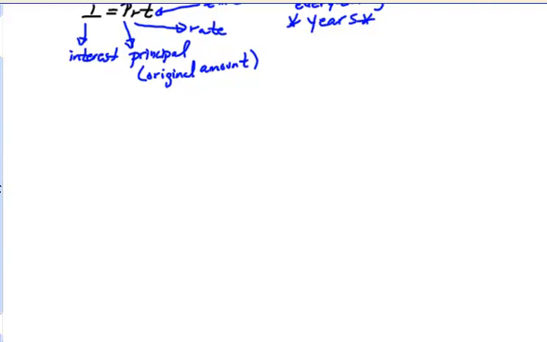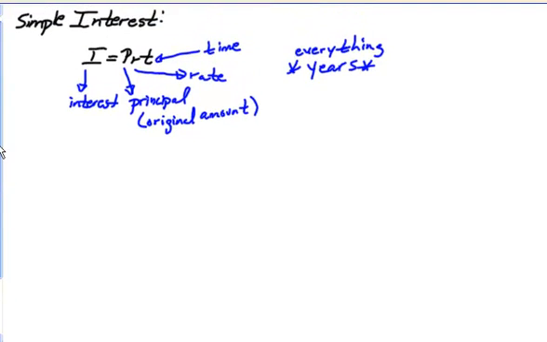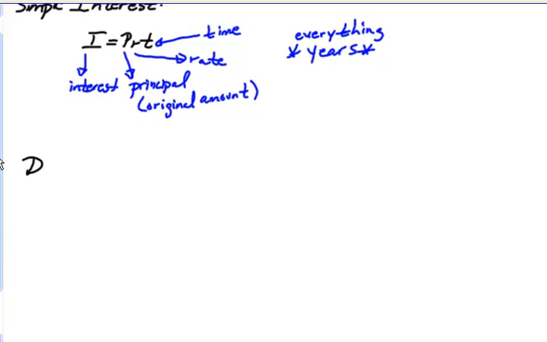Okay, there's one other formula. It's for when you're talking about distance. It's a distance formula. And again, both of these you need to memorize. Distance is equal to rate times time.